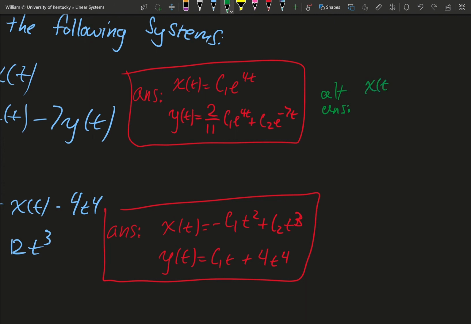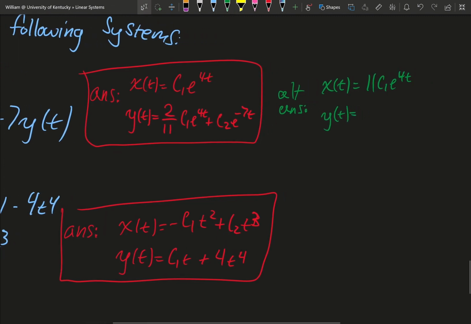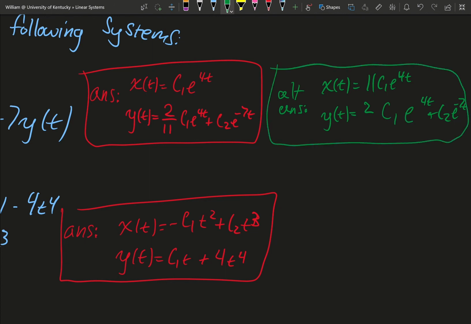So x of t equals 11 c1 e to the 4t. y of t equals 2/11 times 11 c1 e to the 4t plus c2 e to the negative 7t. And of course, you probably wouldn't express it like that as an answer. Just cancel out the 11, and you have 2 c1 e to the 4t. Right, we will end it there.